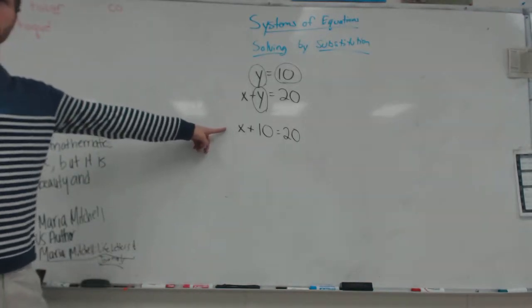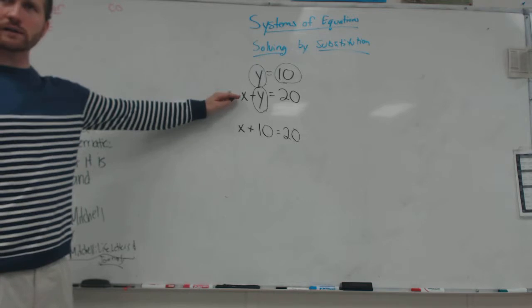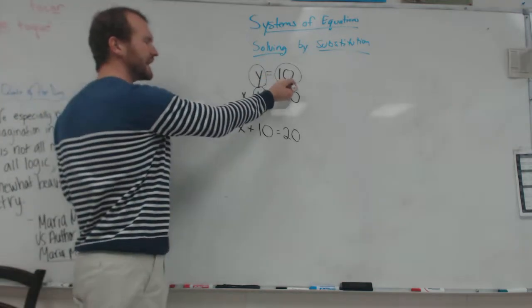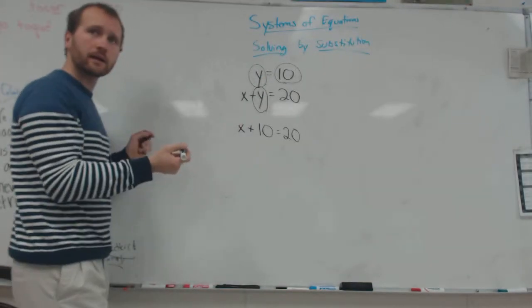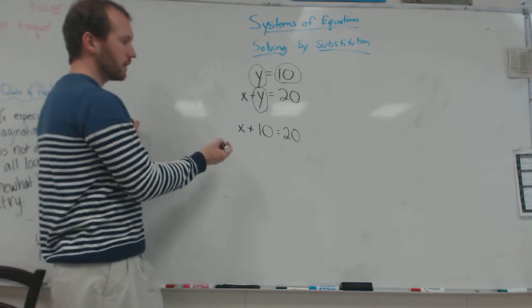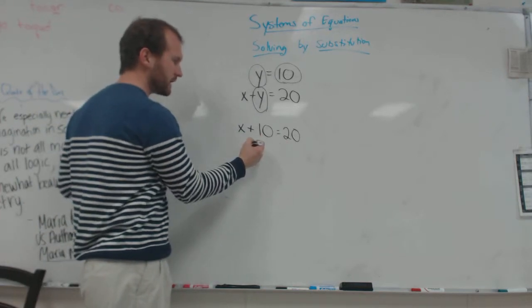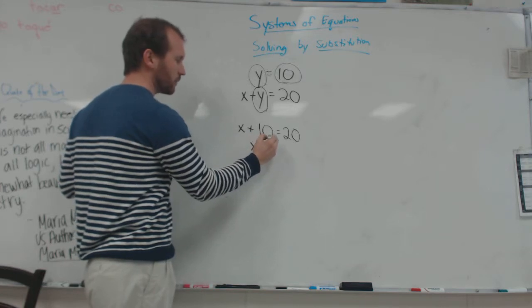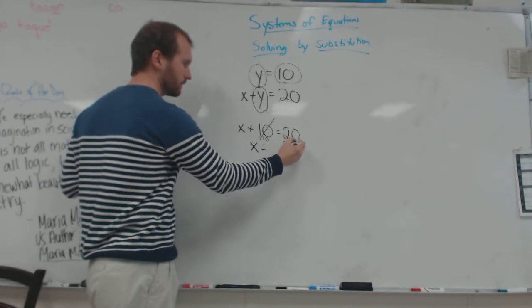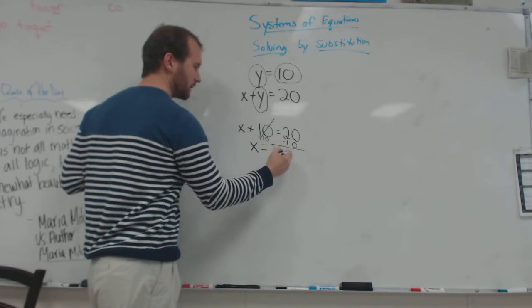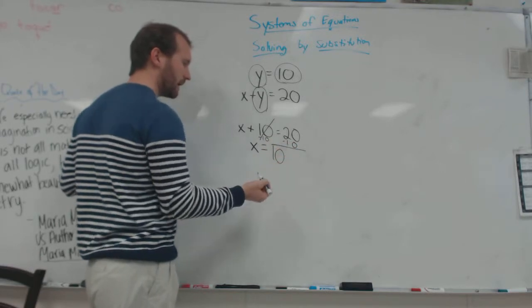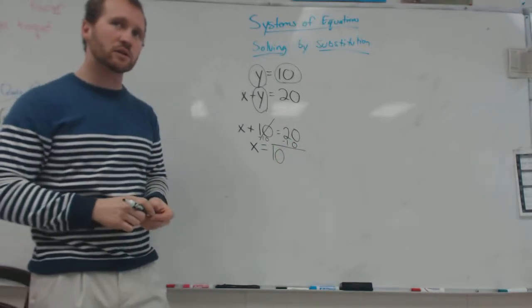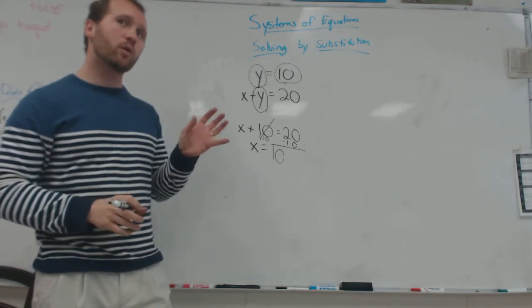Now I can actually solve that, because I did this one step of substituting 10 in for y. x plus 10 equals 20, so what does x equal then? Subtract 10 from both sides. x would equal 10.